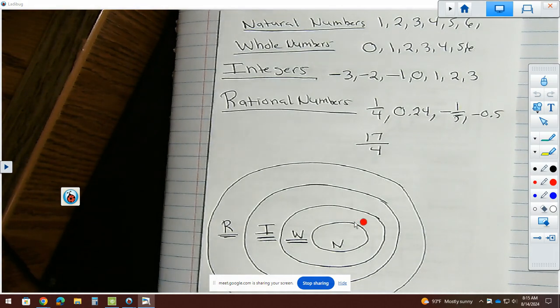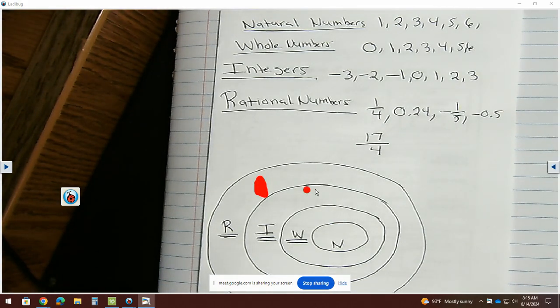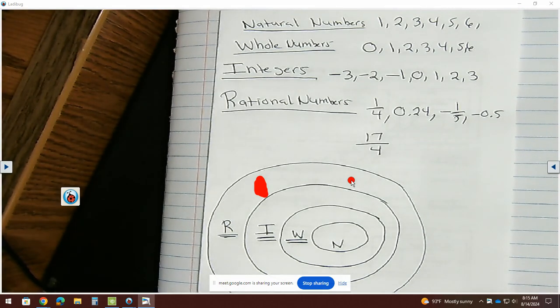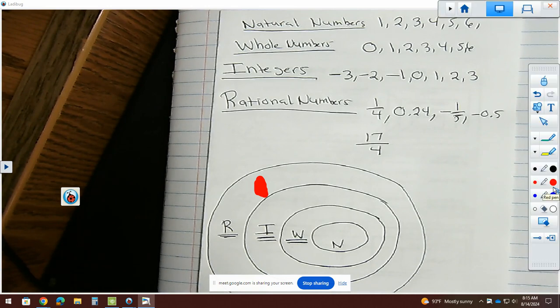Mira. I'm going to mark a mark here. If you're there, if you're red, what's the only thing that you belong in? Rational. That's it. Do you agree? Let me do the I. Integers. I'm going to mark them with a blue.